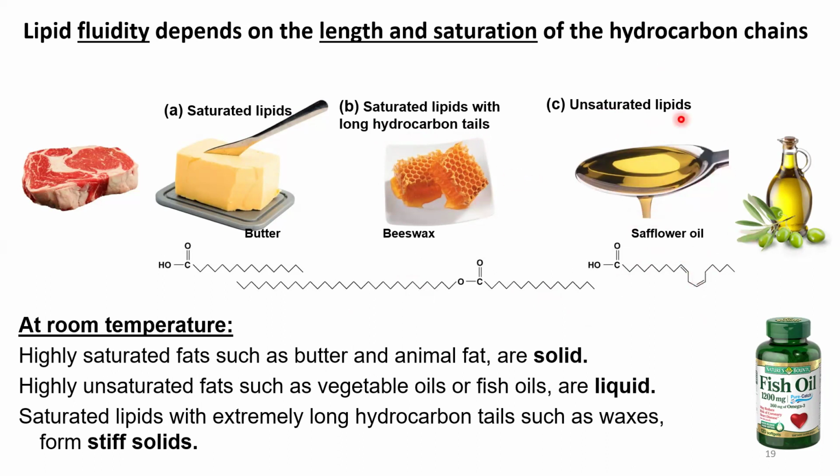And when it comes to room temp, highly saturated ones are basically butter and animal fat, which are solid. And then vegetable oils and fish oils are more liquid at room temp.